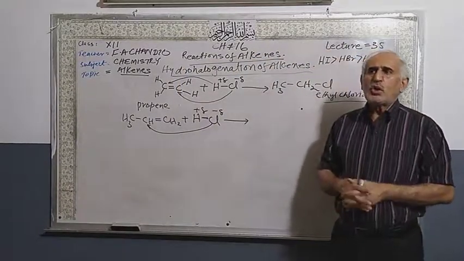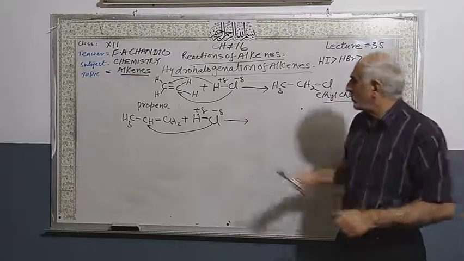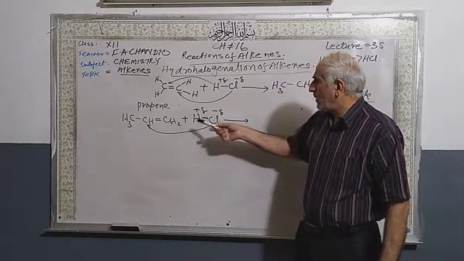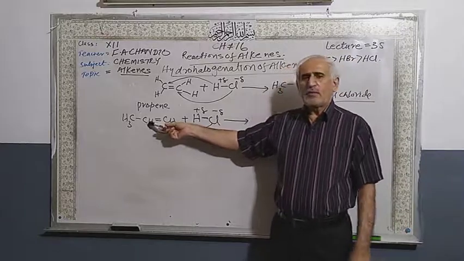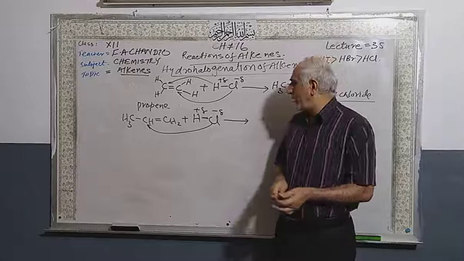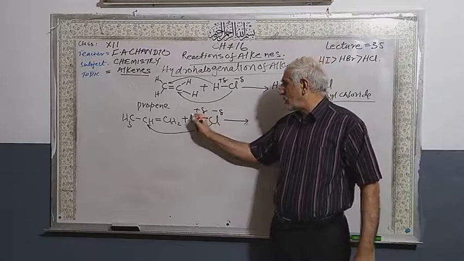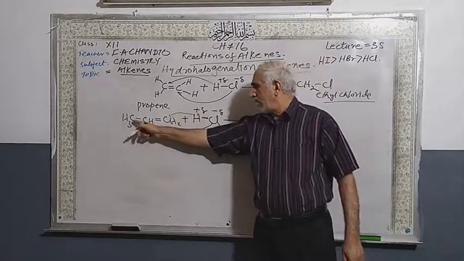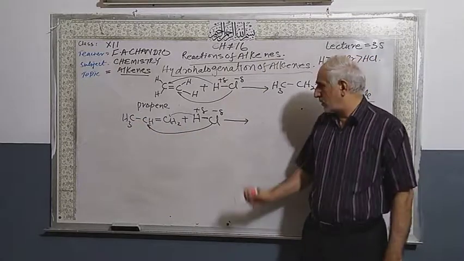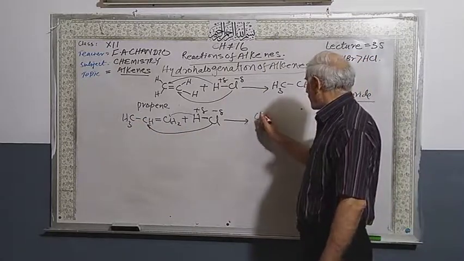This is the Markovnikov rule that must be obeyed. So the hydrogen should be attached here because the valency of this carbon is completely satisfied. There is no need for adding here. Your product will be like this.